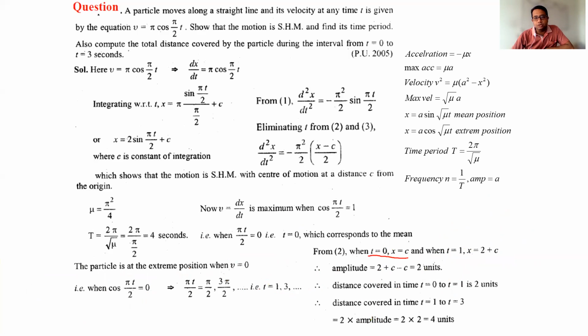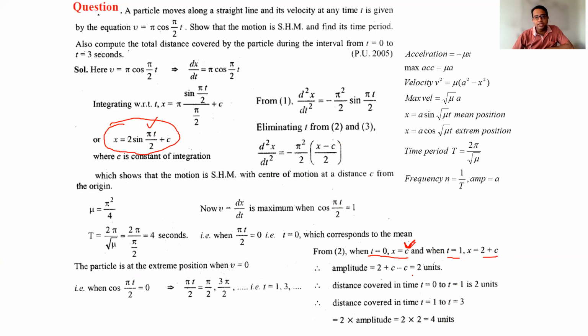And when t is equal to 0, x is equal to c, right? Because if we check here, when we take the value of time as 0, in the x that we solved, if we take t as 0 then x is c. That means it was at the c point, right? X is equal to c, and when t is equal to 1, x is 2 plus c.